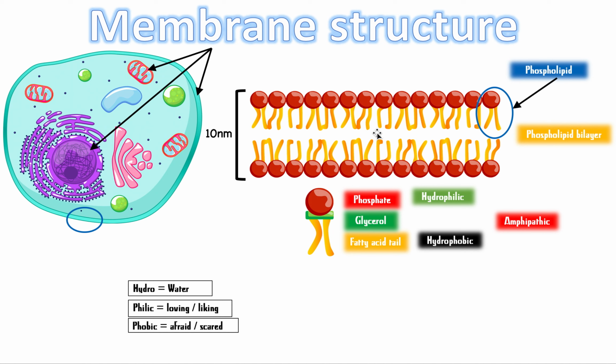And then these fatty acid tails, which hate water, get to face together where there's no water, right? Because when they line up like this, all the water is on the inside and the outside of the cell. There is no water in between these two layers here. And that way, these fatty acid tails, which are hydrophobic, afraid of water, are completely happy. Right? So that makes sense. Now we know why this happens.